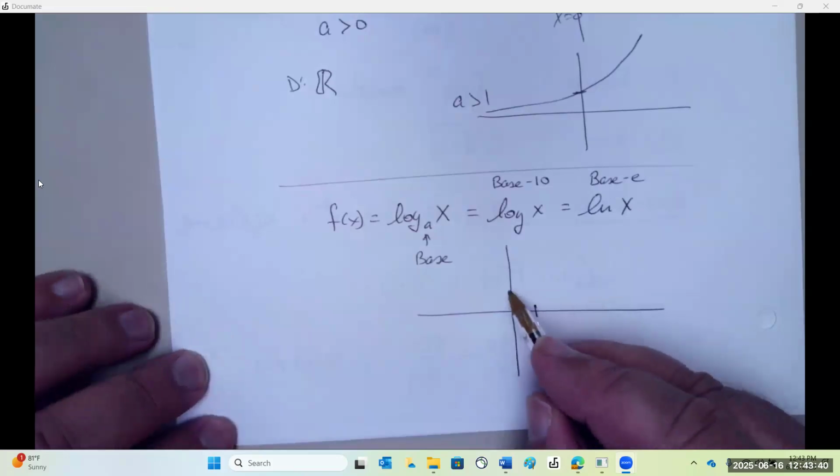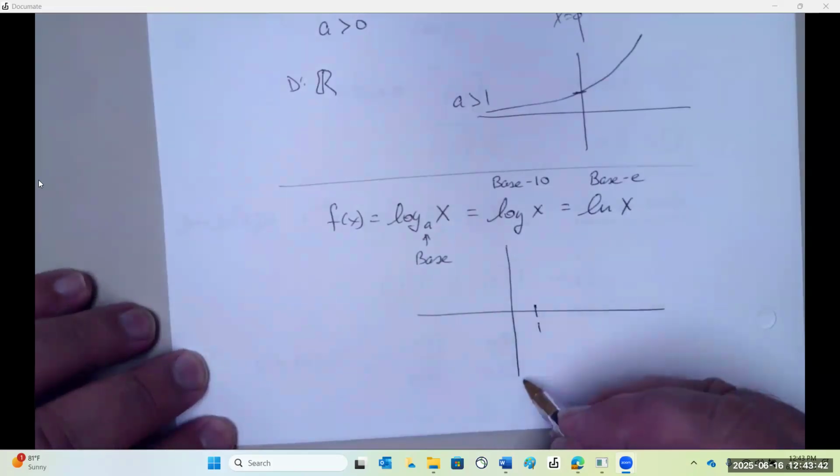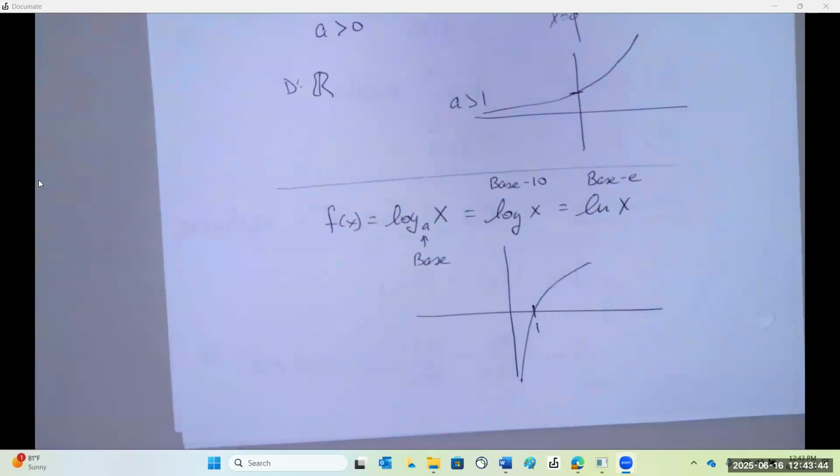Instead of crossing the y-axis at 1, it crosses the x-axis at 1. Logarithms and exponential functions are inverses of each other. They're opposites of each other. Ooh, I should talk about that. Oh well.